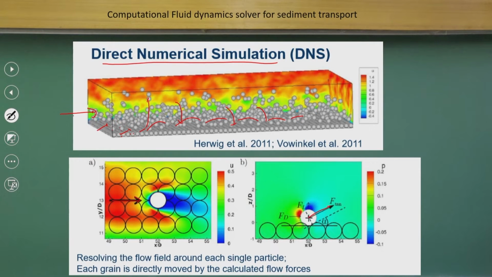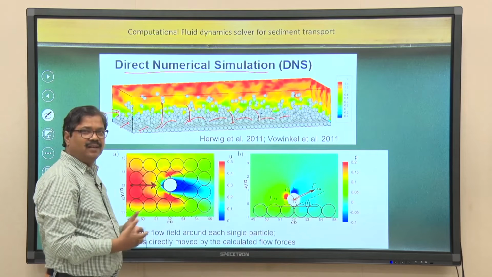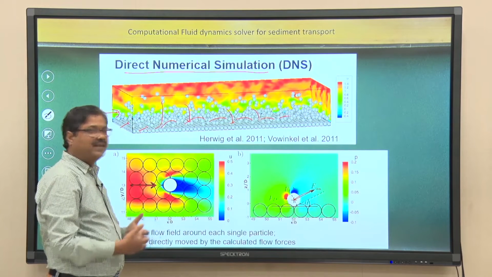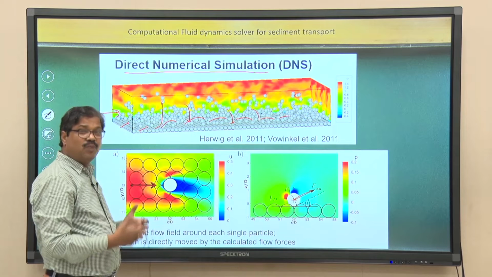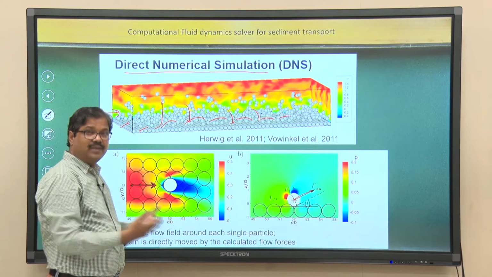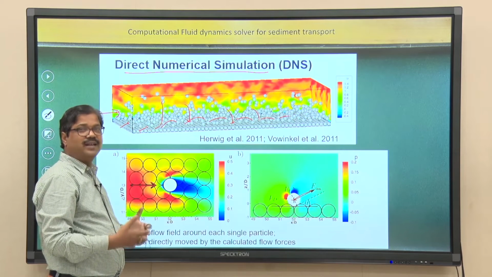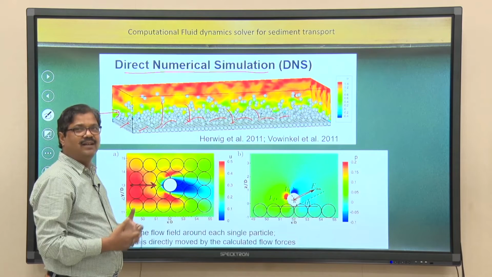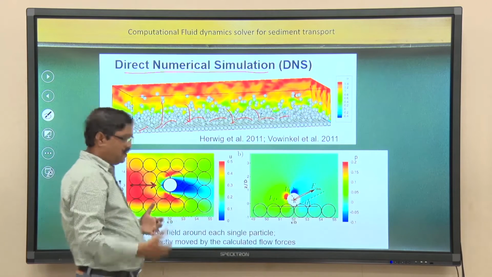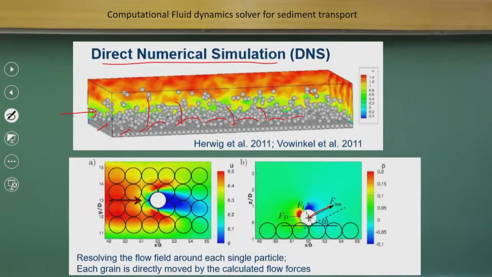That is the present area we are working in at the particle level, but most of the equations developed for sediment transport are not at the particle level. They are at the gross characteristics level, so let us try to understand at the gross characteristics level, not at the particle level.